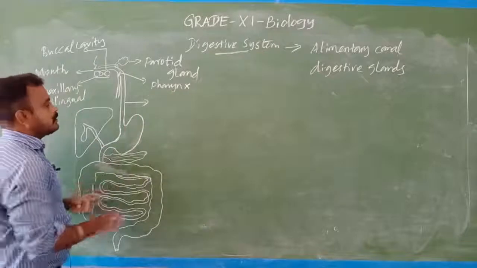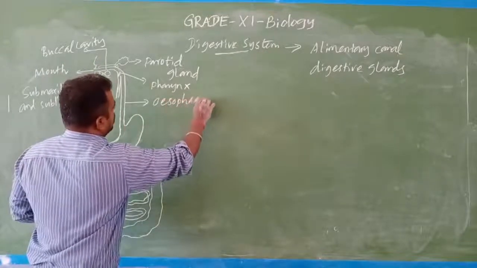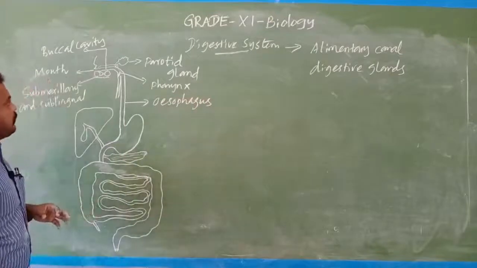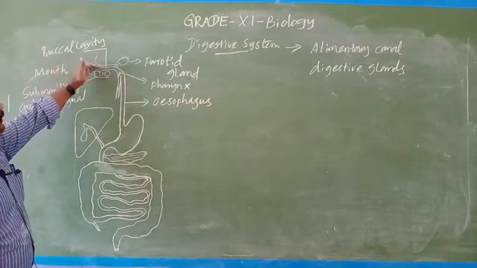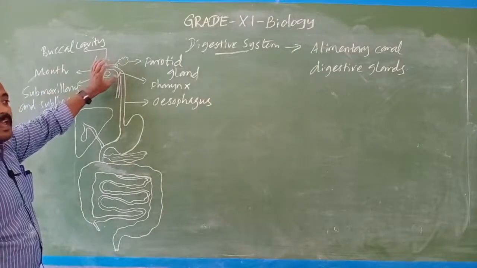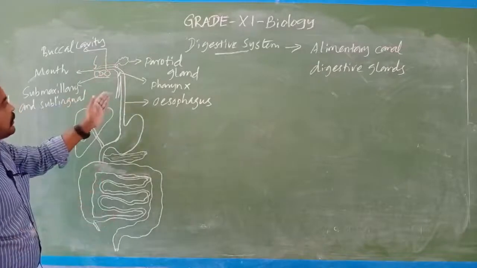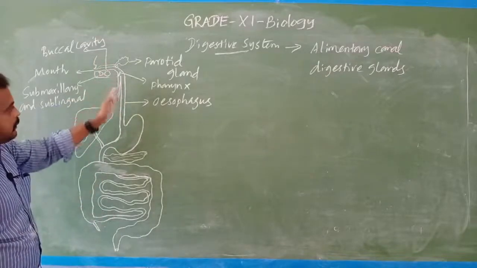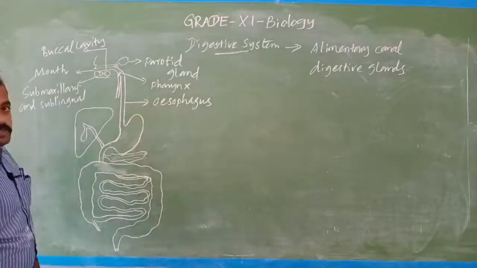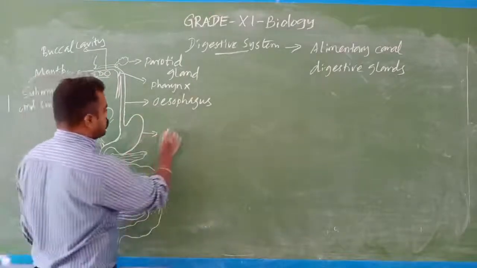The food pipe is known as the esophagus. So first mouth, then buccal cavity, then pharynx, the common passage for air and food. Then it separates, one is the windpipe, one is the food pipe, and the food pipe is known as the esophagus. Then the esophagus leads to the stomach.